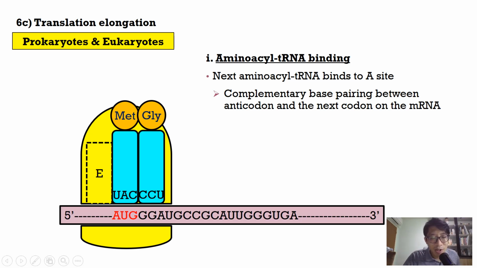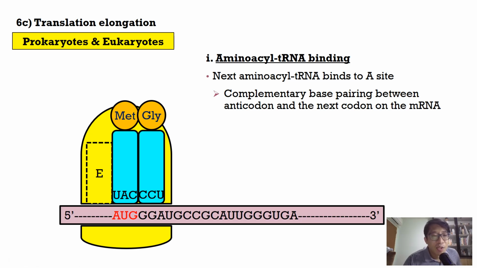With the matching of the anticodon of the tRNA to the codon, and remembering that during preparation, a specific amino acid is added to a specific tRNA with the anticodon, this makes sure that the correct amino acid, as coded by the codon, is brought to the ribosome to be added to the polypeptide.